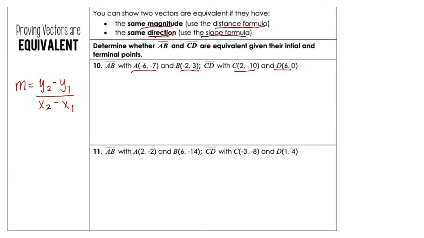There's our slope formula. So let's go ahead and find the magnitude of AB. So that's going to be the square root of 3 minus negative 7. So that's going to be 10 squared plus negative 2 minus negative 6.